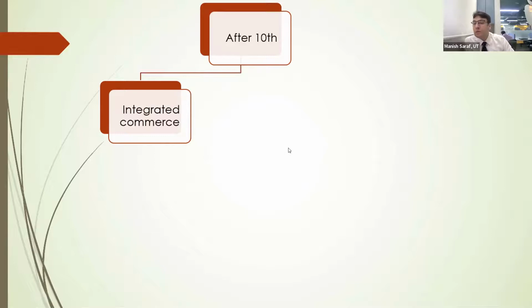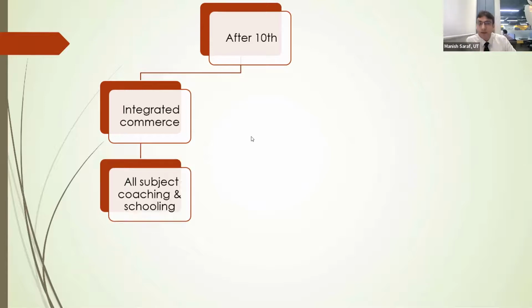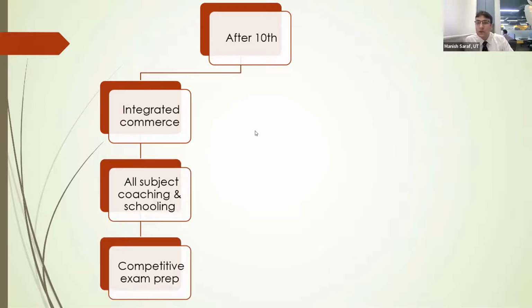But integrated commerce is where you do your coaching, all your school subjects, your exam preps, competitive exam preps, all at one place, and you are not necessarily going to school as an institution, but you are visiting a coaching class and doing everything under one roof. So that is integrated commerce. All your subject coaching, schooling, competitive exam prep, everything happens at that place.